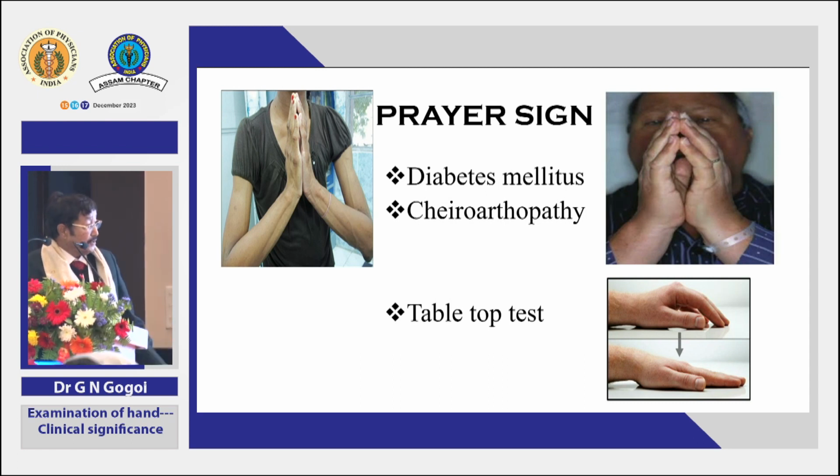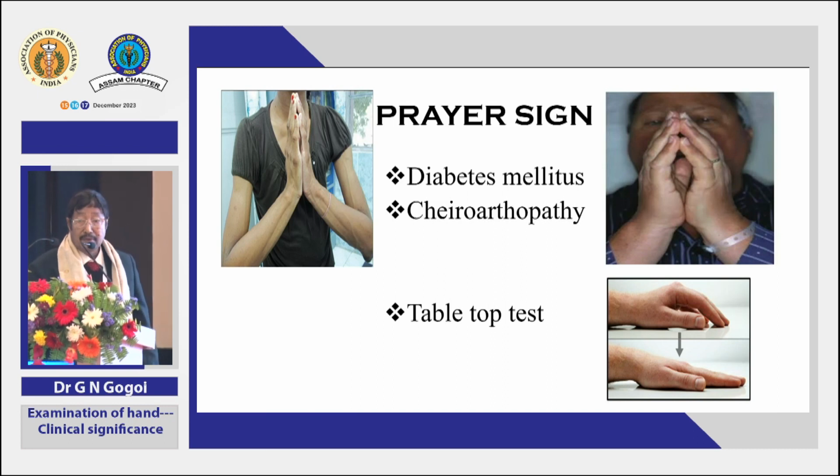We ask the patient to place the hand on the tabletop and see whether his fingers can remain flat on the table, or he fails to do that. And this confirms that the patient is suffering from cheiroarthropathy as a complication of long-standing diabetes mellitus.